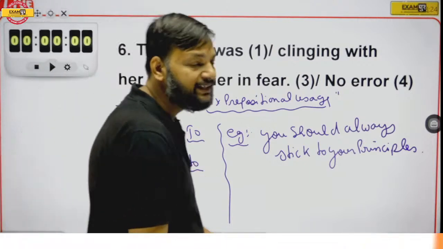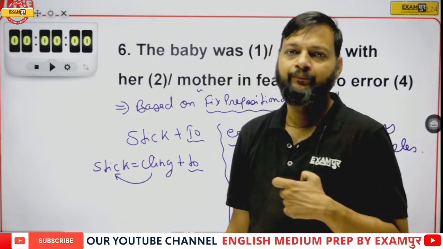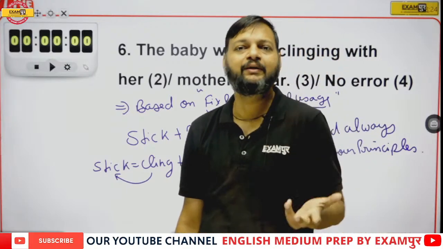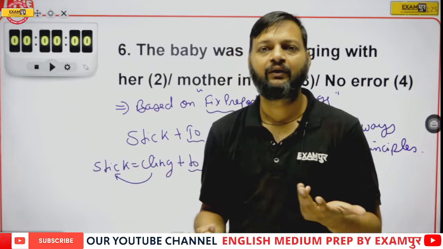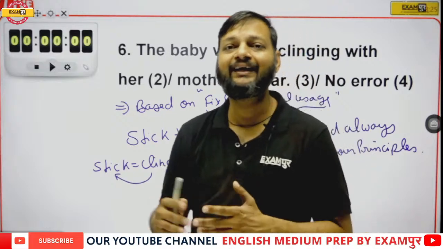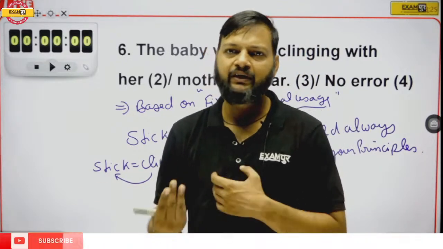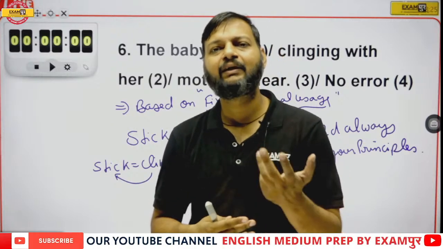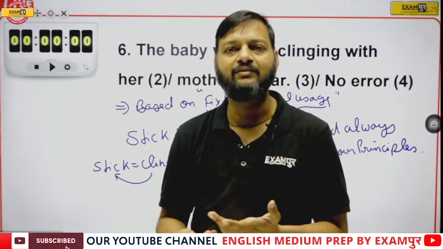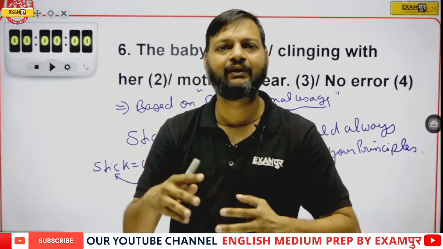Okay, because clinch means to stick, like monkey's baby is always clinging to her mother. You might have seen monkeys carrying their babies. This is a very common habit of monkeys, that female monkeys carry their babies with them, and the babies are clinging to their mothers.